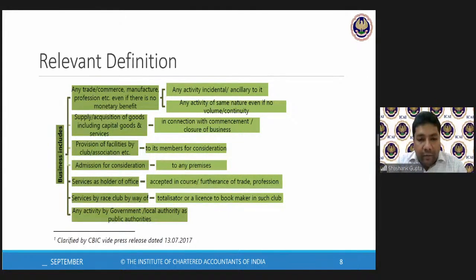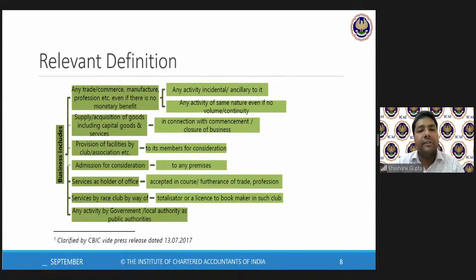And so by default, all the functions of the government are also covered under GST. But in the exemptions chapter, there are certain exemptions which have been given for the functions entrusted to the government.